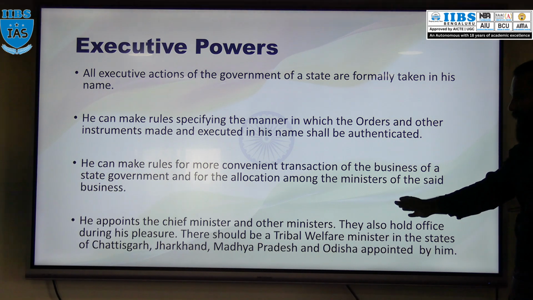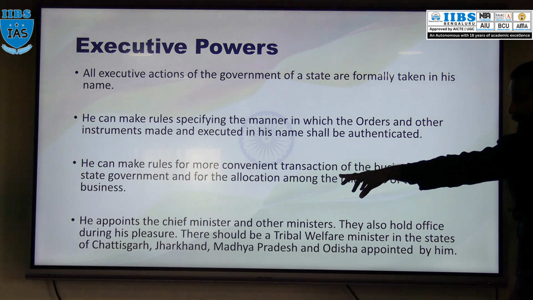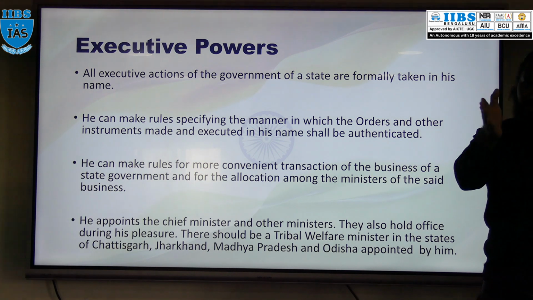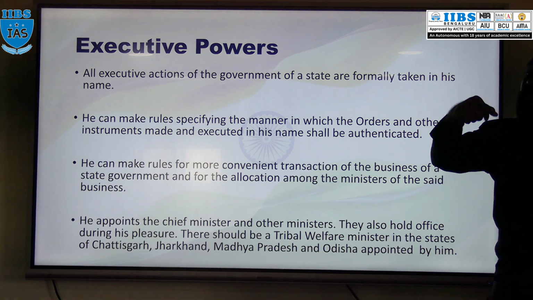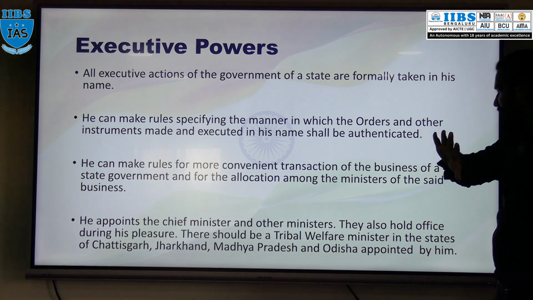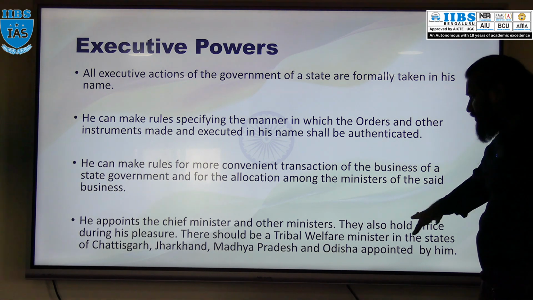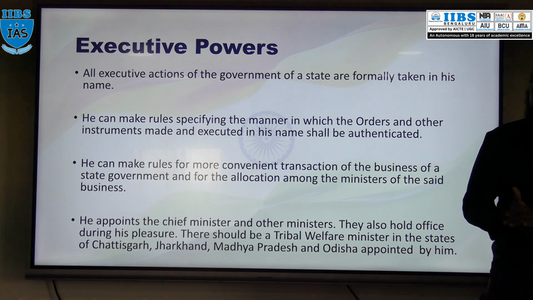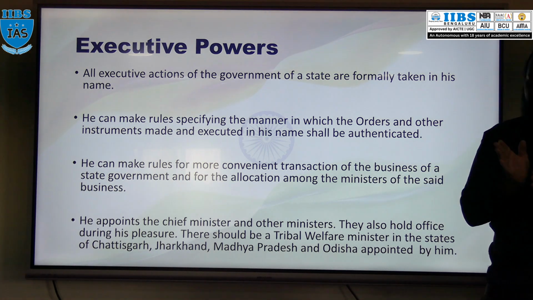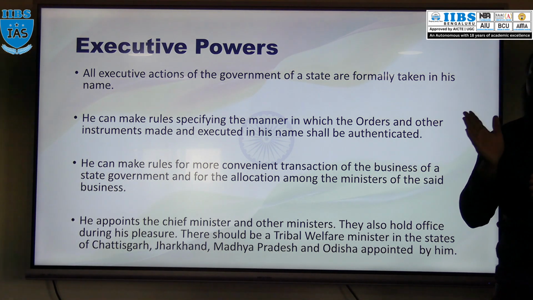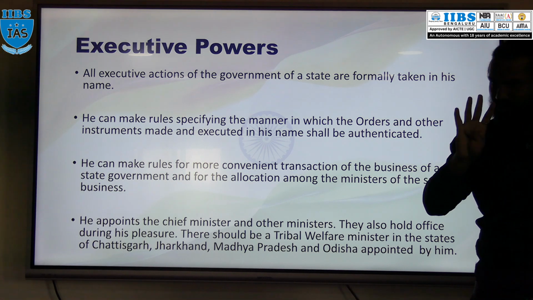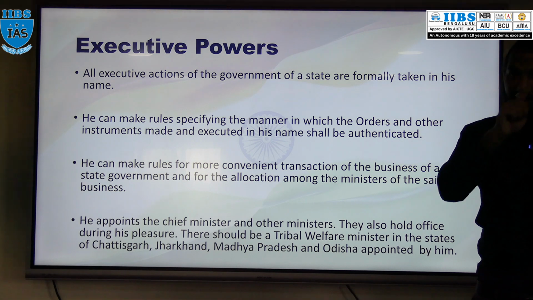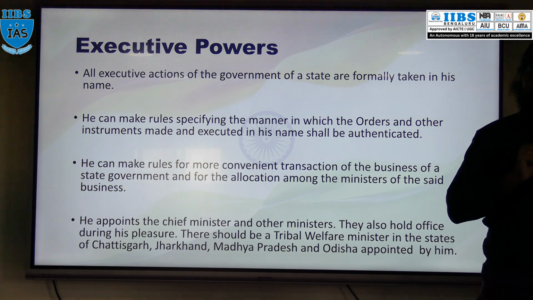Then, apart from that, in executive power he appoints the chief minister and the other council of ministers on the recommendation of the chief minister. There are certain states, like Chhattisgarh, Jharkhand, Madhya Pradesh and Odisha. In these four states, the governor also has to appoint a Minister of Tribal Welfare in the state ministry.